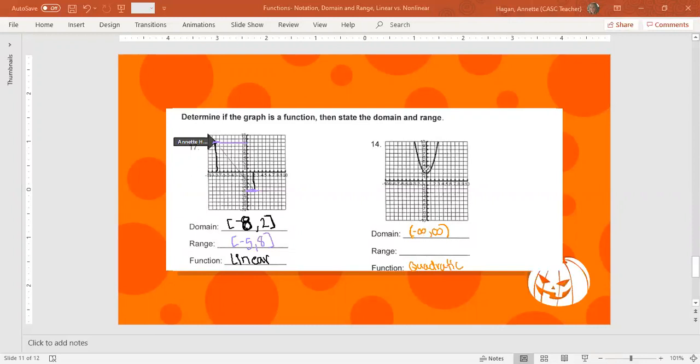All right, our range is from the lowest point on the graph to the highest. Well, the lowest point on this graph is +2. So it comes all the way down to +2 and it includes +2. So we're going to do a bracket. And then it goes up, up, up to the right and up, up, up to the left.